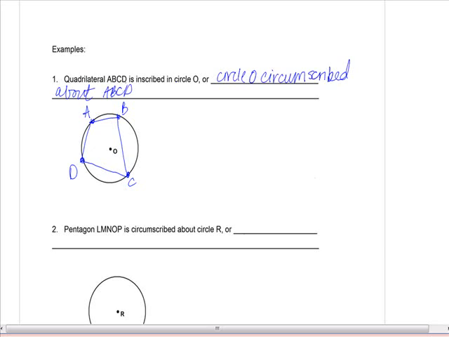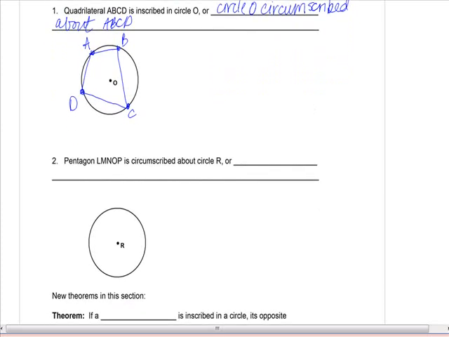Nice. All right, now let's take a look at number 2. Pentagon is circumscribed about circle R. So is the pentagon going to have its sides tangent to the circle or its vertices on the circle? Tangent. All right, so this one's a little harder to draw. 1, 2, 3, 4, 5.